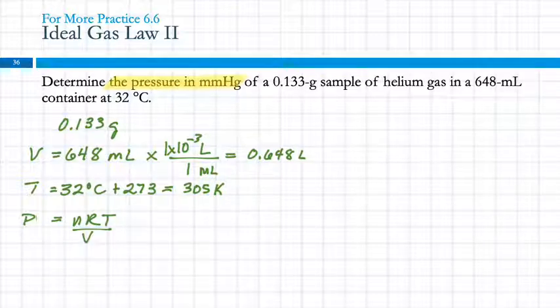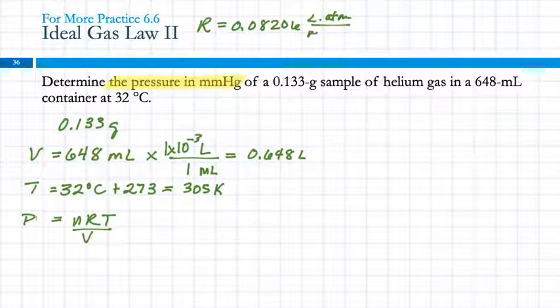I've got temperature, I've got volume. I know what R is: 0.08206 liter atmospheres per mole Kelvin. What am I missing? I'm missing moles. And I'm given a mass.